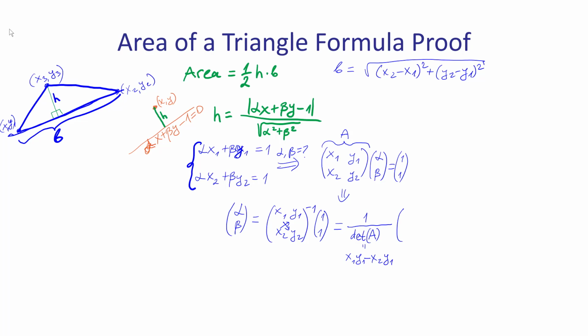Then we flip y2 and x1 and put a negative sign here and a negative sign here, and this is how you invert a 2 by 2 matrix. Multiplied by 1, 1, it will be equal to the following vector.